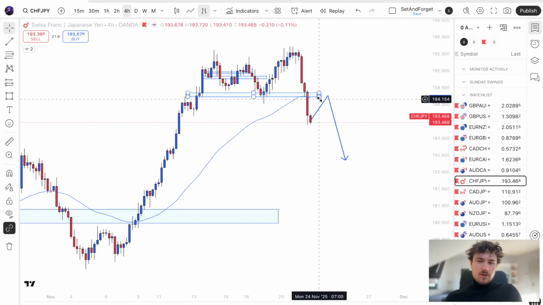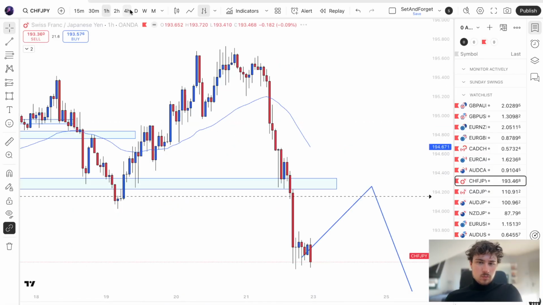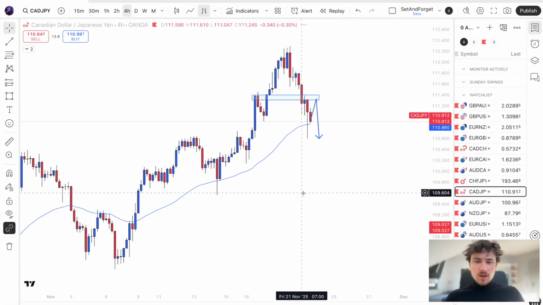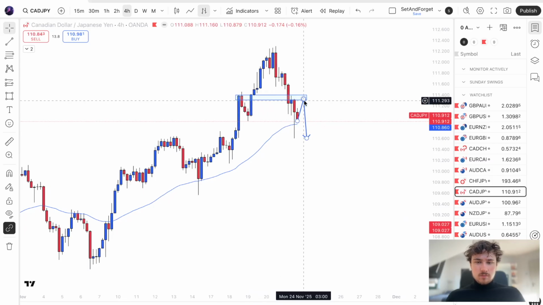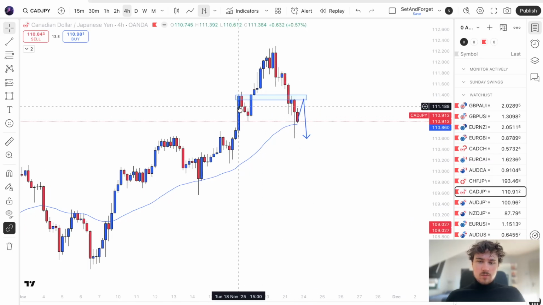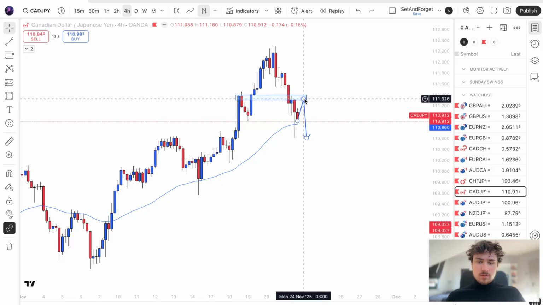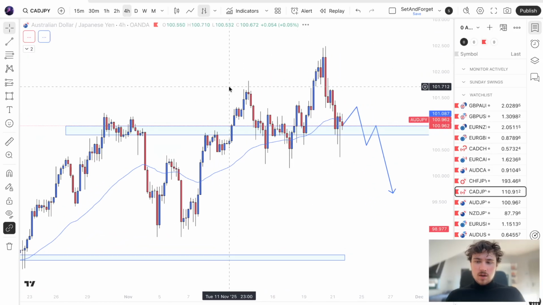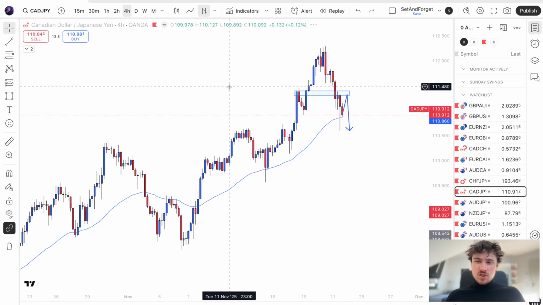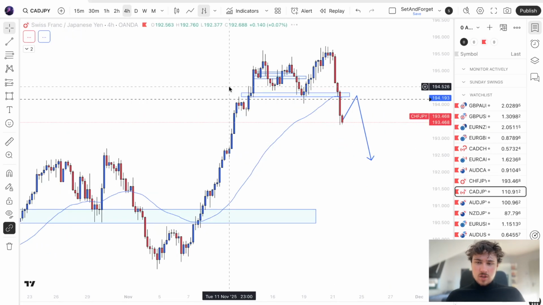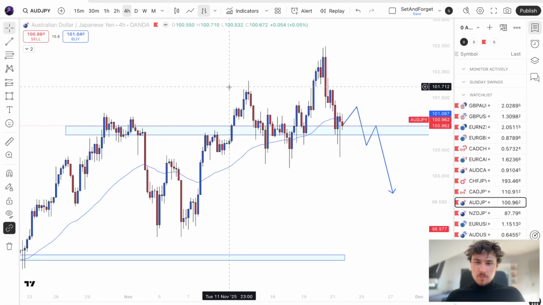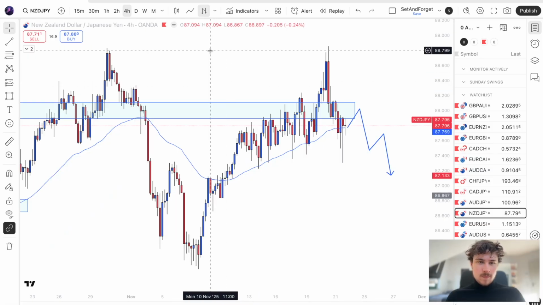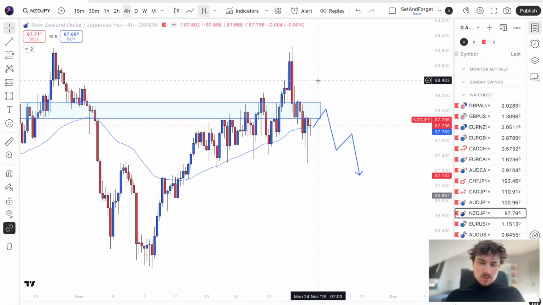So now I'm waiting for a retest and then move to the downside. We have also the EMA when we are up here again. CAD CHF is also going to be a head and shoulders if it's going to reach up here. CHF JPY and CAD JPY, they both look pretty much the same. And then AUD JPY and NZD JPY, they both look pretty much the same.